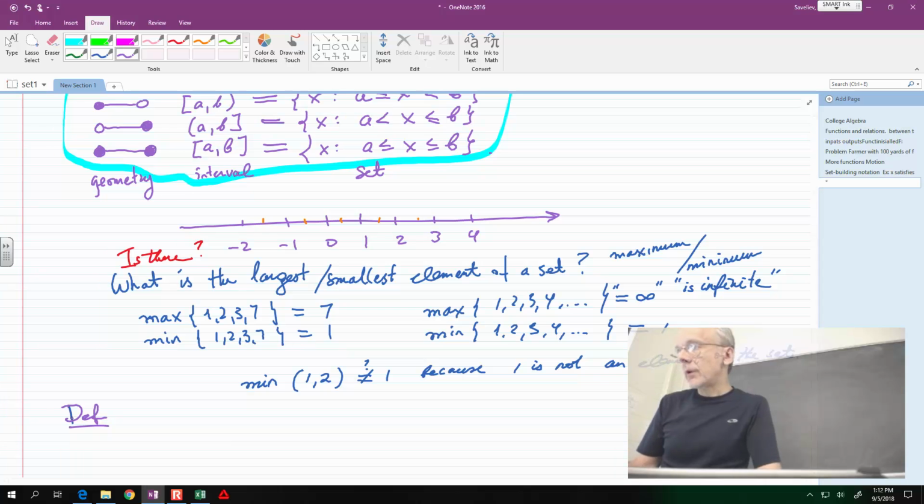Given a set X, suppose X is a set of real numbers.